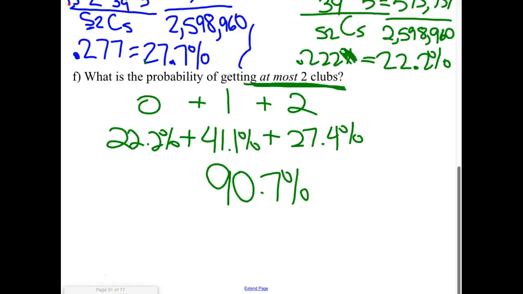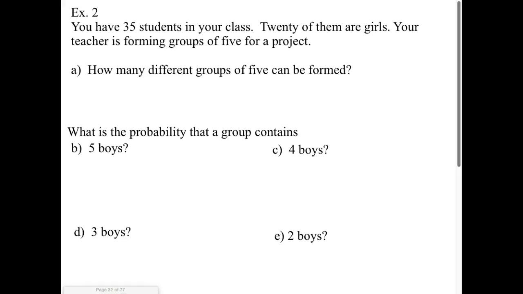All right, we're going to do another quick problem about a classroom. No more card problems, you guys are welcome. This last problem that we're going to talk about, I'm actually going to take out a couple of parts just to help us on time. It says you have a class of 35 students, 20 of them are girls, and your teacher is forming groups of 5 for a project.